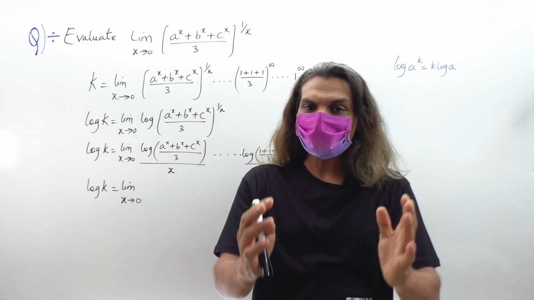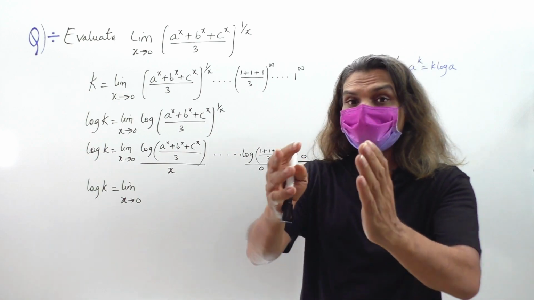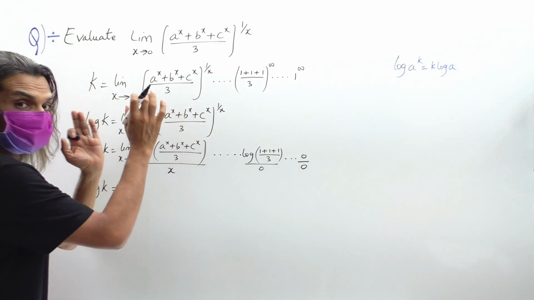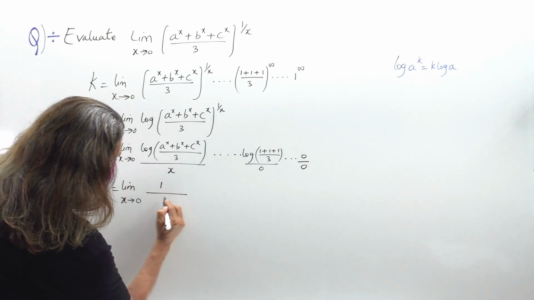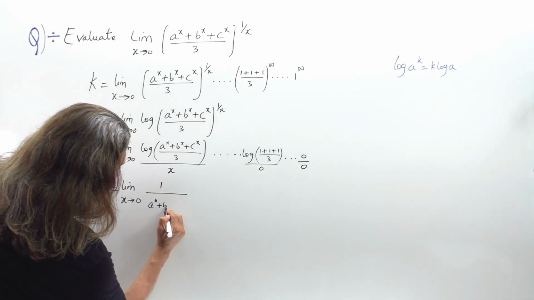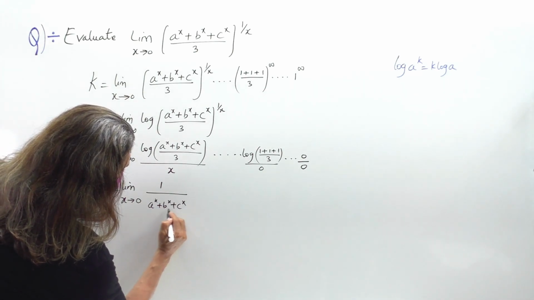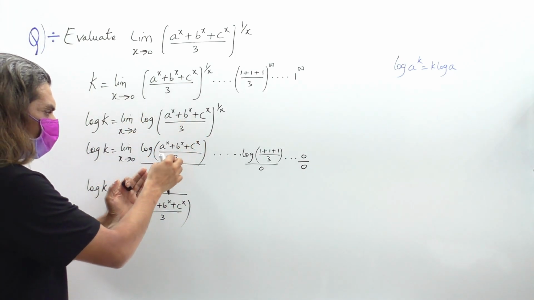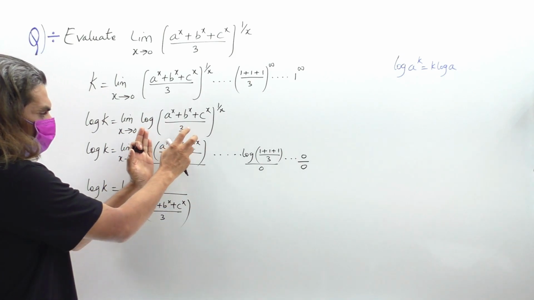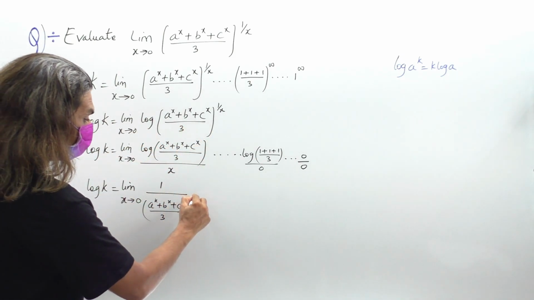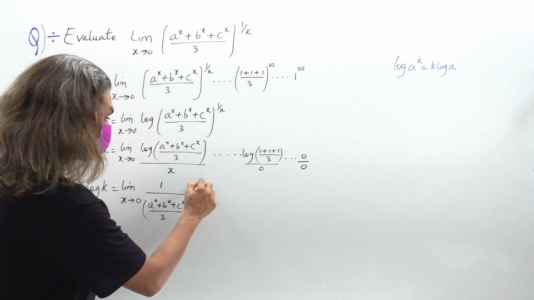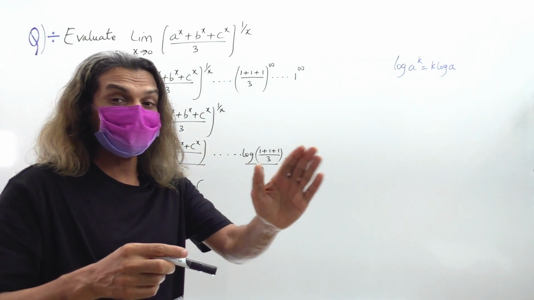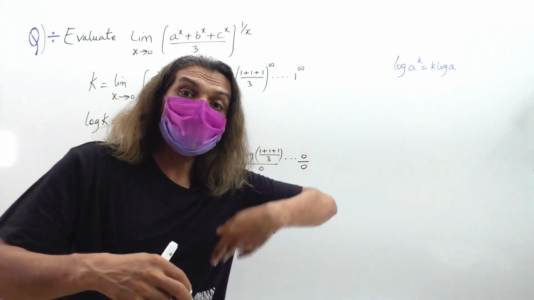So the differentiation of log of this whole thing is 1 whole divided by (a raised to x plus b raised to x plus c raised to x by 3), right? Log of x is 1 by x, into differentiation of what is inside. Chain rule: if apart from x anything is there, again differentiate that.